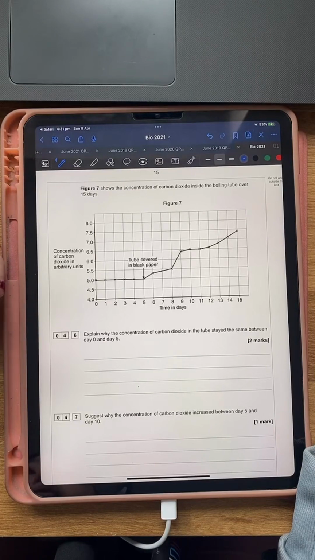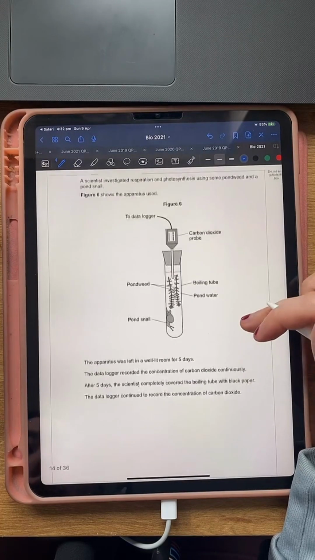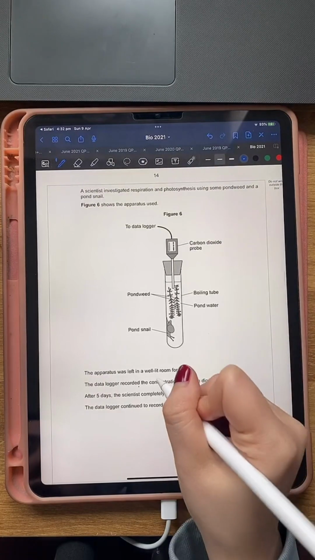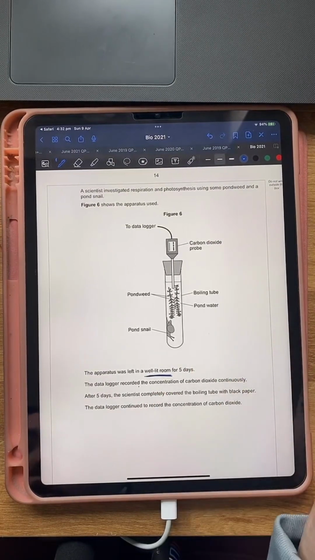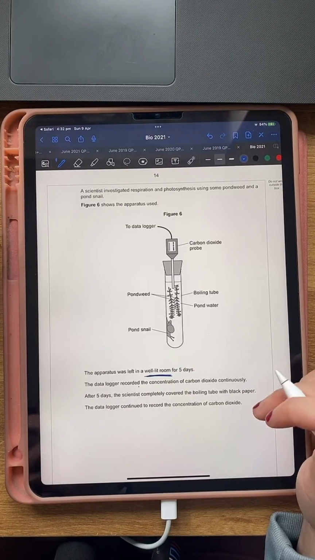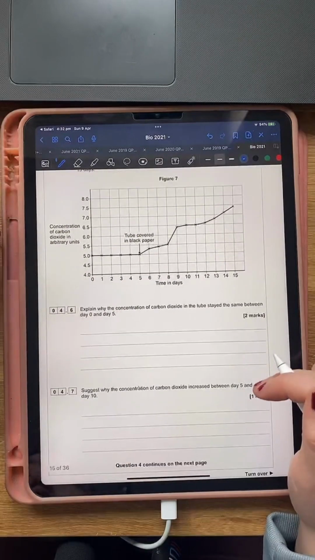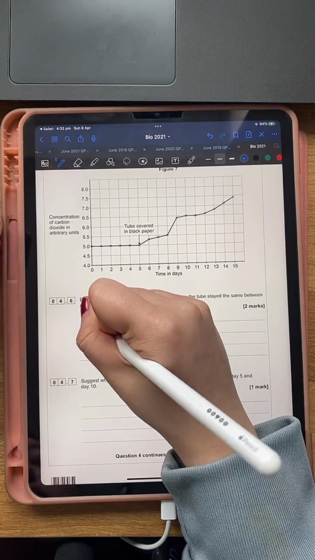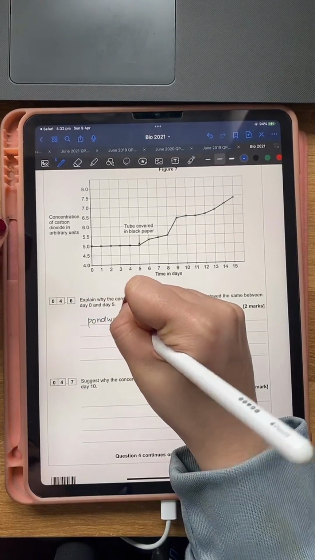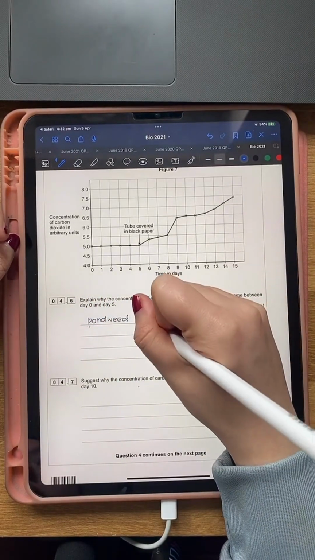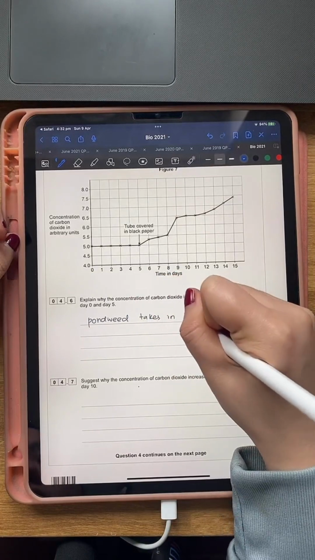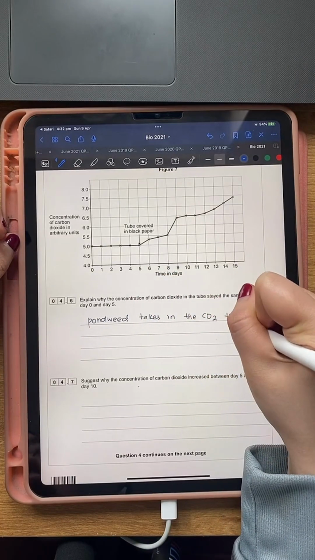It's in a well-lit room for 5 days. And then what else happened? It's in a boiling tube, pond weed, pond water, pond snail. Okay. So for this one, you can say the pond weed takes in the CO2 that is released by the snail and pondweed during respiration.